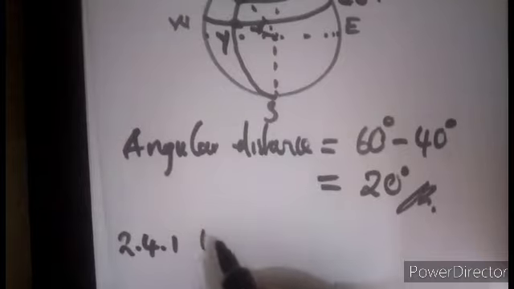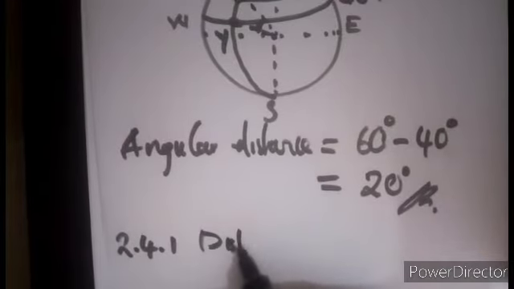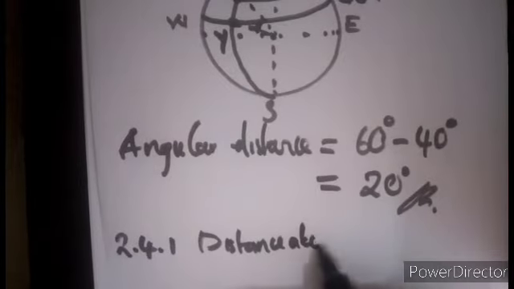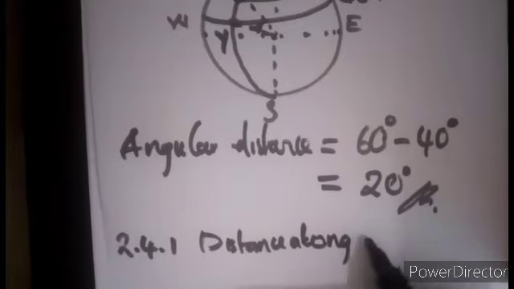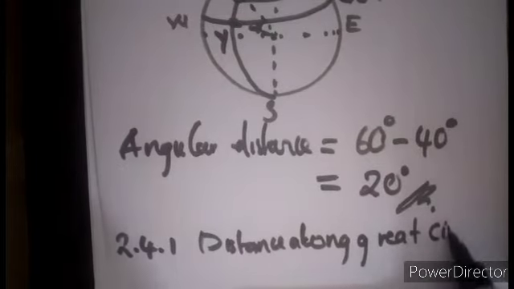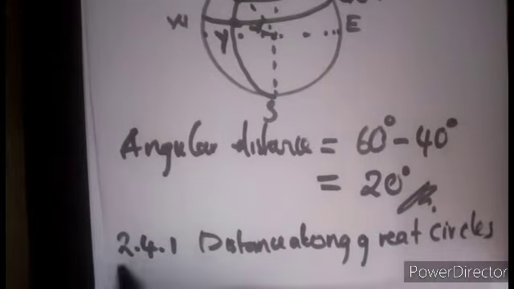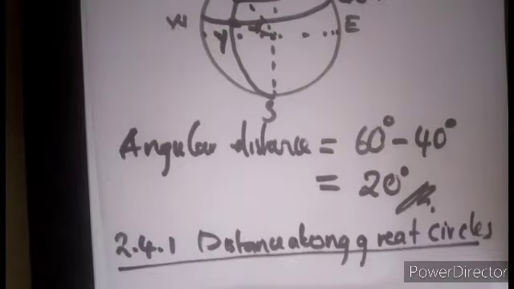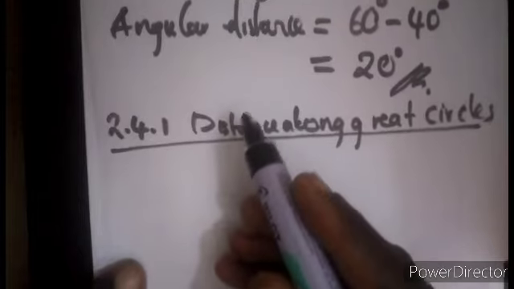So let's look at a new subtopic. We have the distance along great circles.